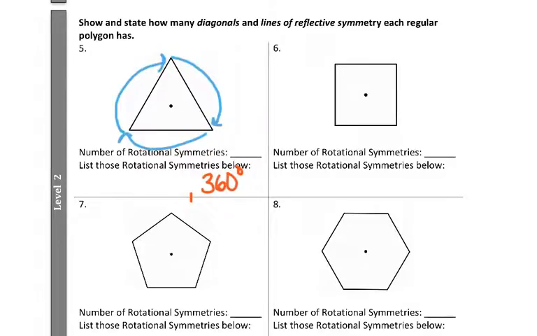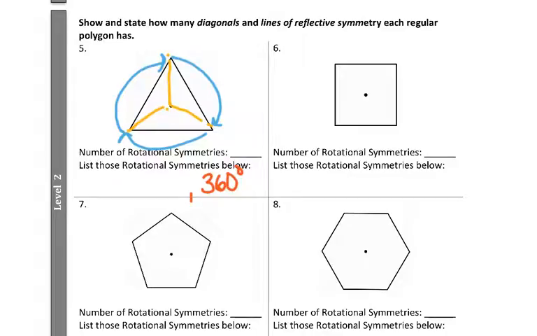So I imagine I'm taking 360 degrees and cutting it up into 3 pieces. I know that this full circle is 360 degrees, and you can see that I've cut it into 3 equal parts.